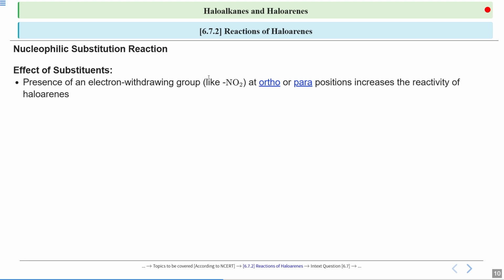Why? Because it is an electron withdrawing group. It will withdraw the electrons of the benzene ring, and the benzene ring is more available for the electron rich nucleophile to attack. So you have this reaction where this is chlorobenzene, with chlorine at one position and the nitro group at the para position.